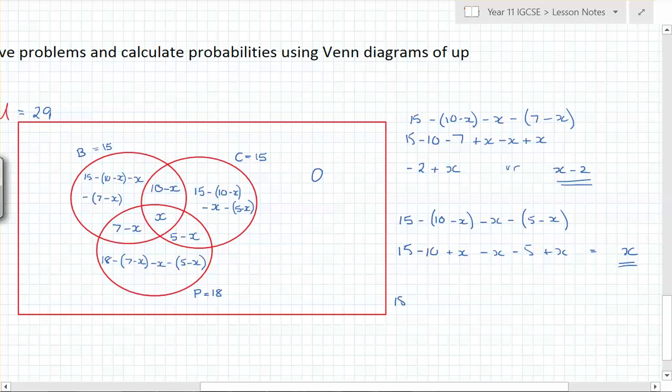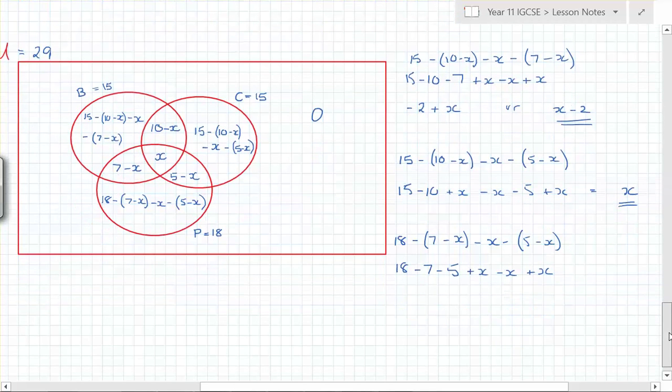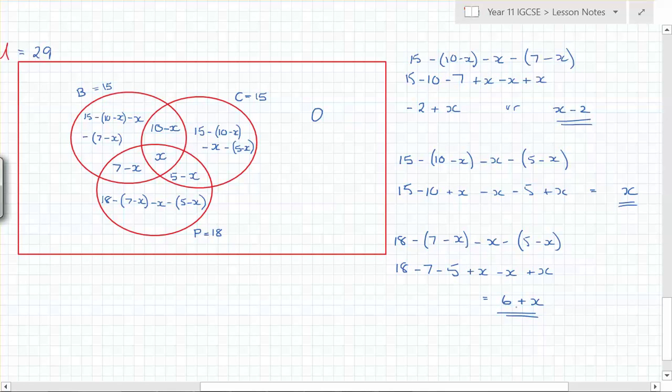And finally, 18 minus (7 minus x) minus x minus (5 minus x) gives 18 minus 7 minus 5 plus x, which is x plus 6. So I've got my 3.